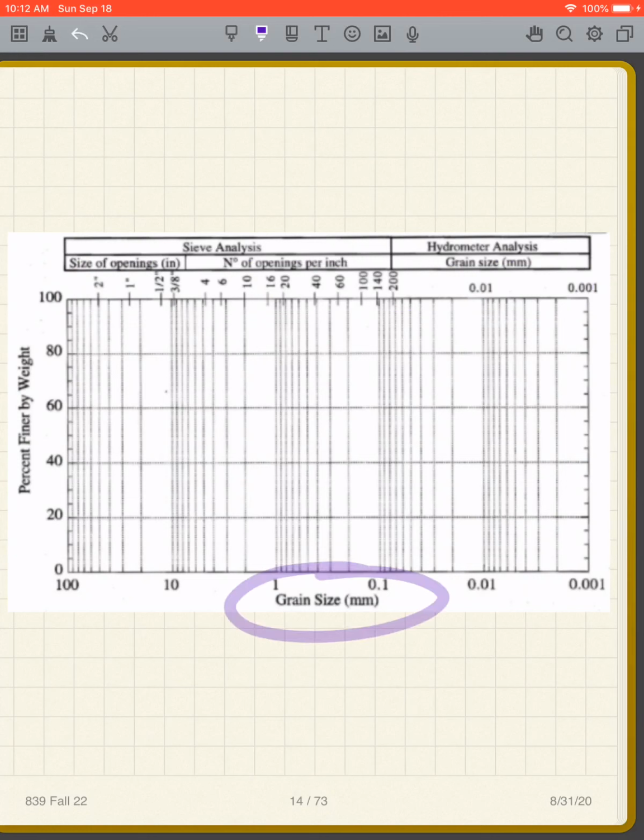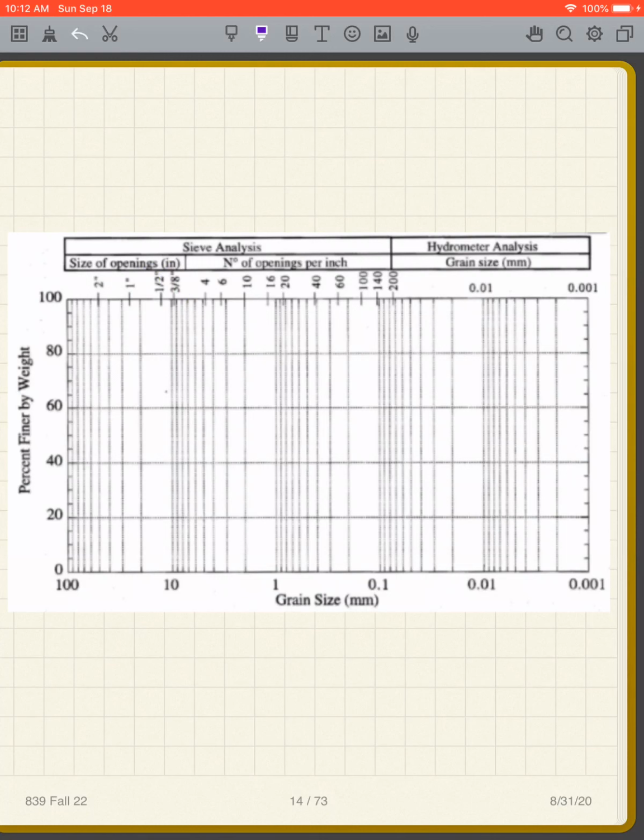Don't use the bottom x-axis. The top x-axis gives us the sieve numbers, in this particular case, number 4, number 6, number 10, number 16, etc. And over here, when the holes get really big, we can't do openings per inch, so we have to go with the hole size. So 3/8 inch, 1/2 inch, 1 inch, 2 inch.